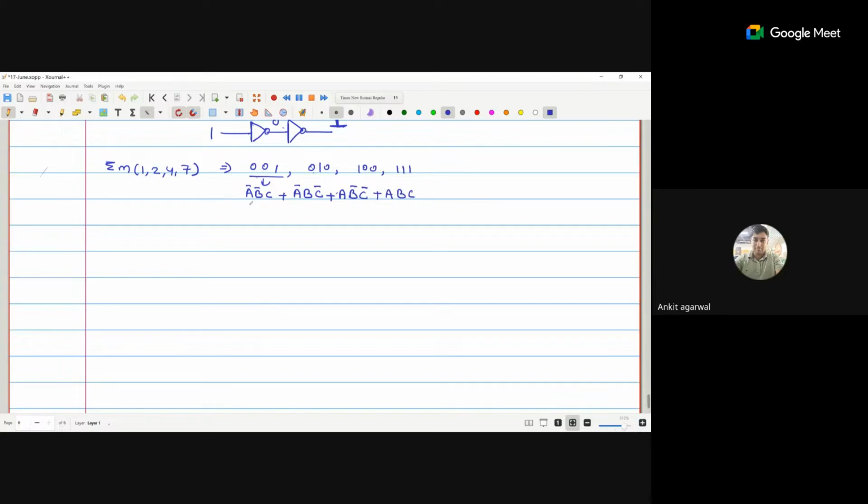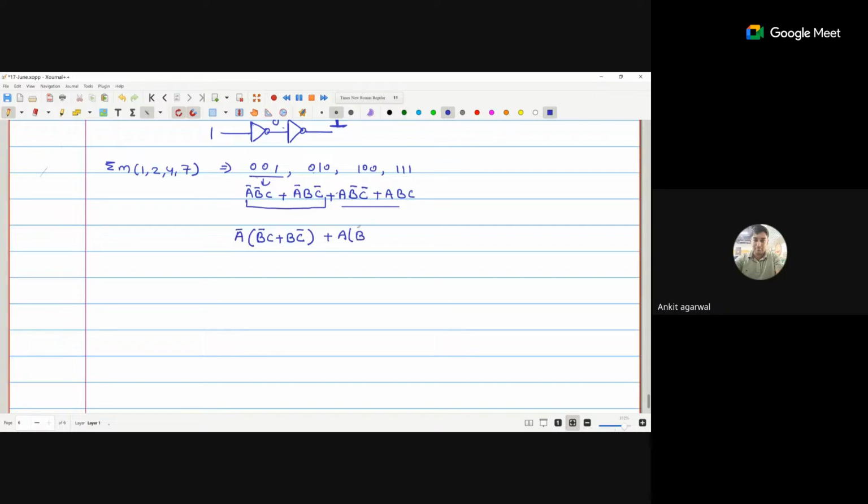Okay. Now from the first two terms, I can take A bar as common. So it becomes A bar times (B bar C plus B C bar). And from these other two terms I am taking A as common.